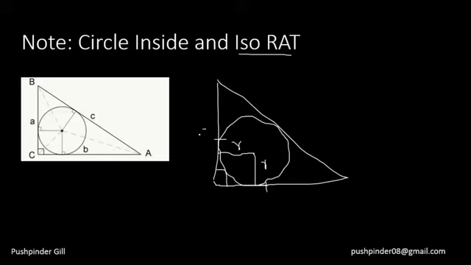Now I very well know that this is A, and this is A root 2. Now from here to here it's R, and if this is R and this is R, this would be R root 2.